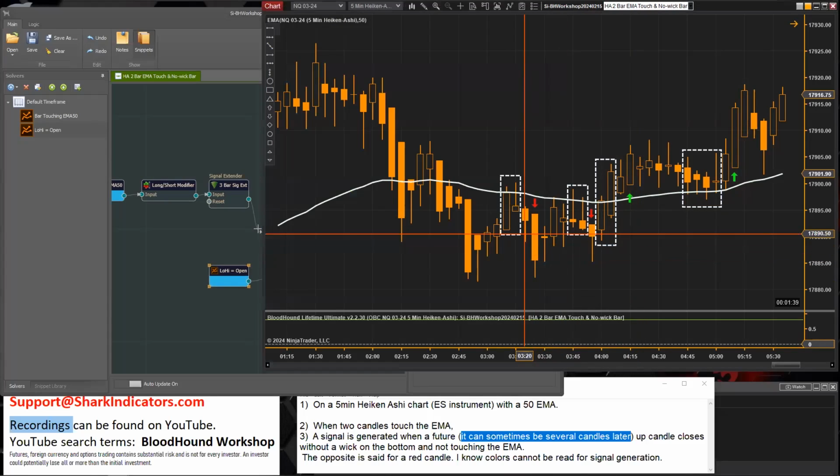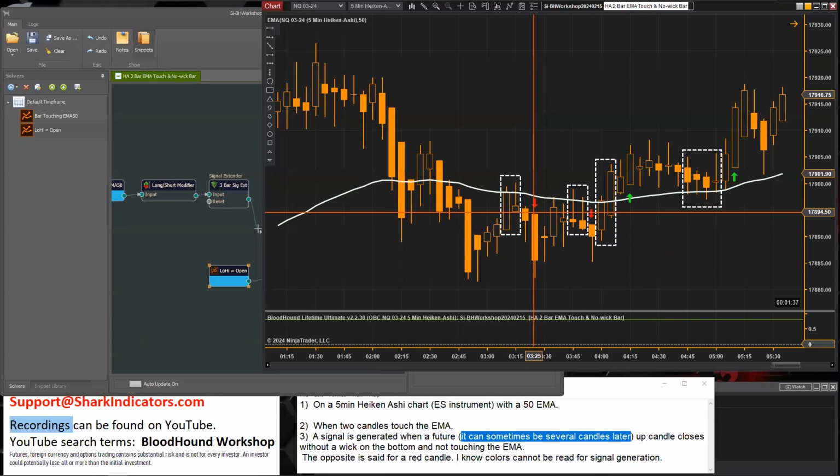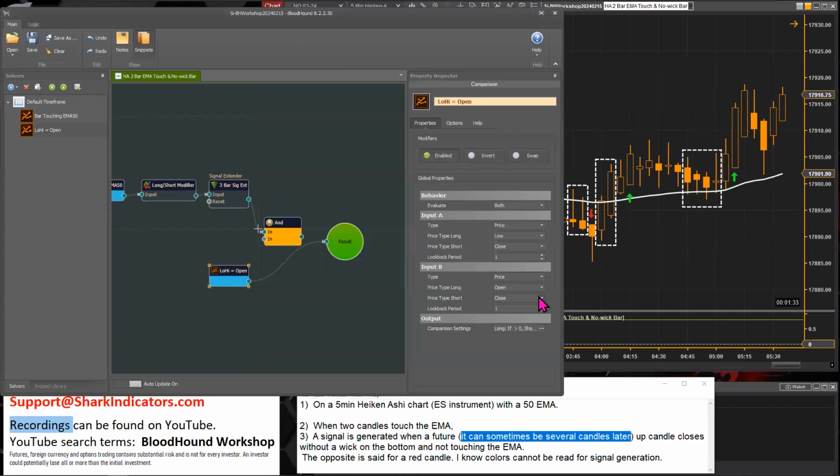And then for these short signals, we're checking the high price and seeing if the high equals the open. All right, there we go, high price. And for input B, we're going to check to see if it equals the open. Now we need to make sure that we have an equal condition here. So we're going to open up the comparison settings.